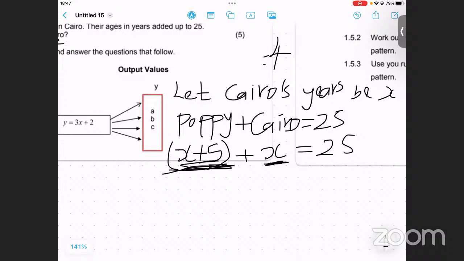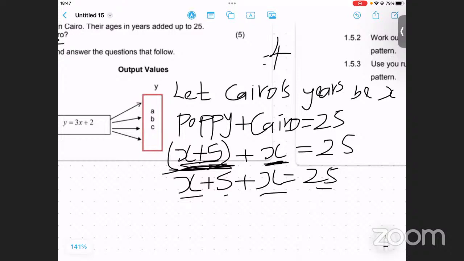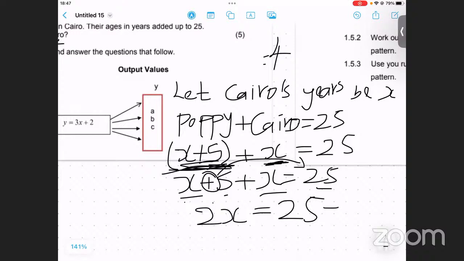So x plus 5 plus x is equal to 25. Because we have x and x, and we have numbers, we can move 5 to the other side of the equal sign. So x plus x, which is 2x, is equal to 25, and the 5 is positive, so when it moves to the other side it becomes minus 5.